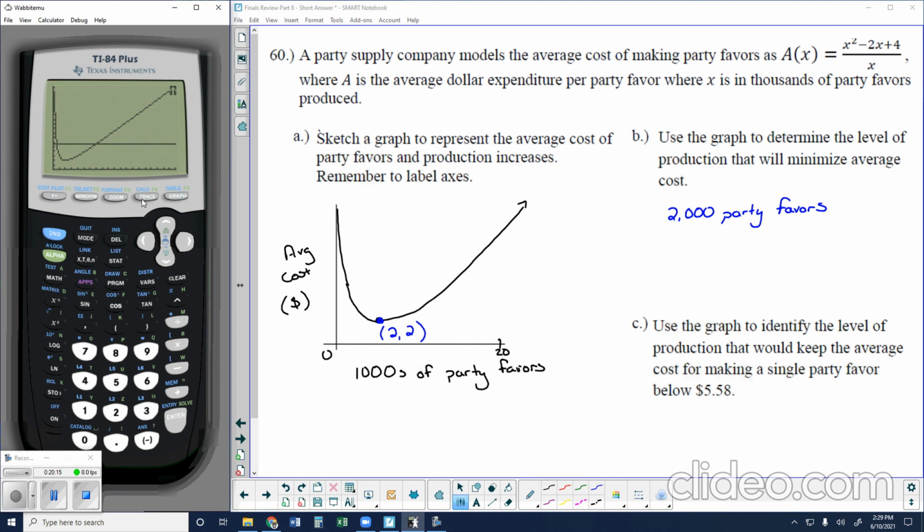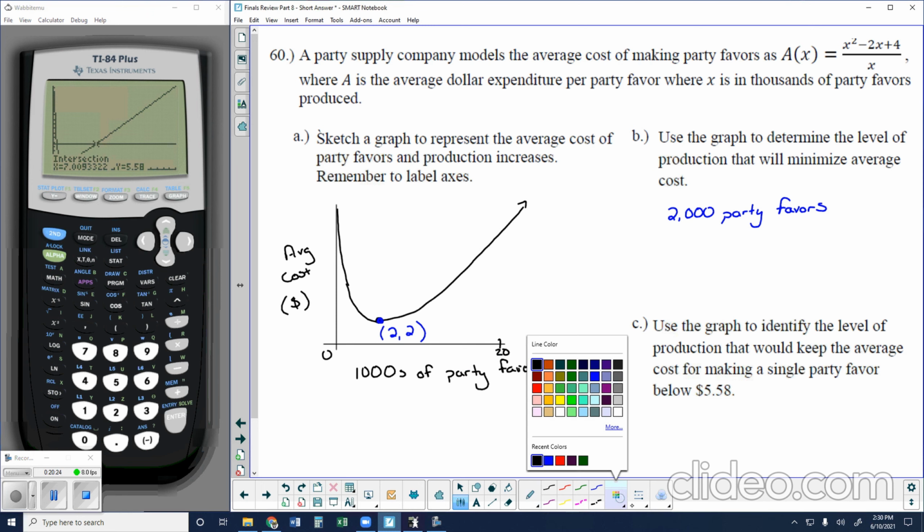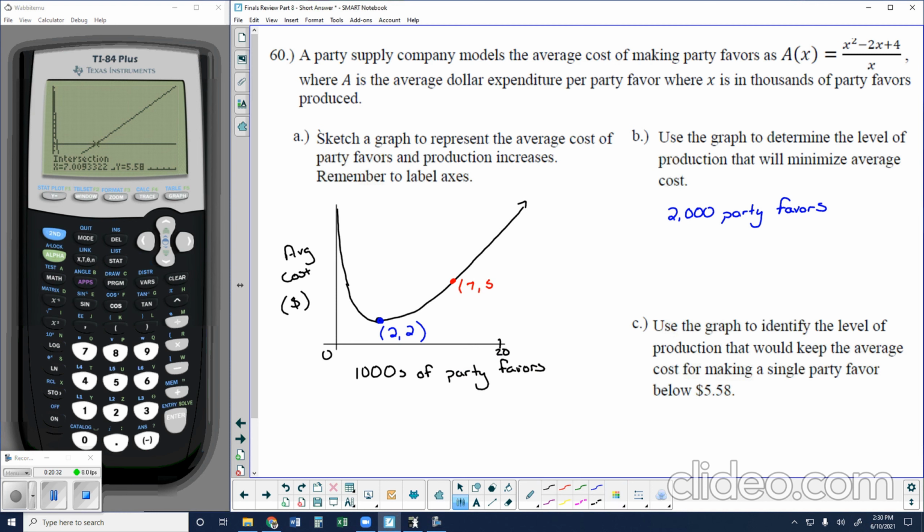So we can hit second, trace, and go down to intersect, and we can start to find those two intersection points. The first intersection point here will be at approximately 7.58. So we're going to round this down to 7, because if we round up, that's going to be over 5.58.